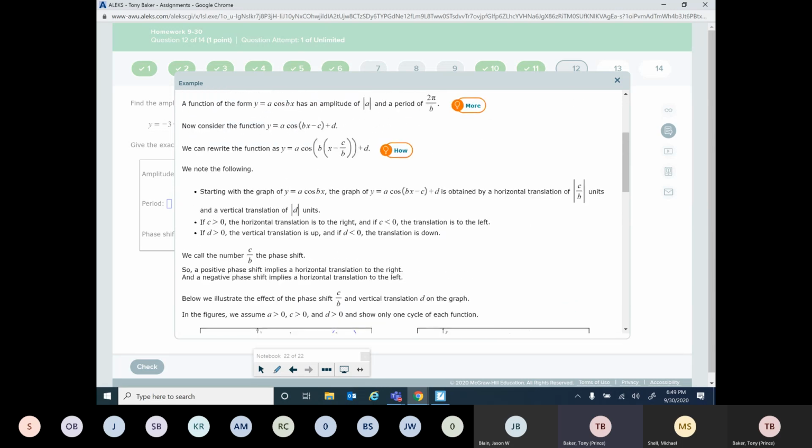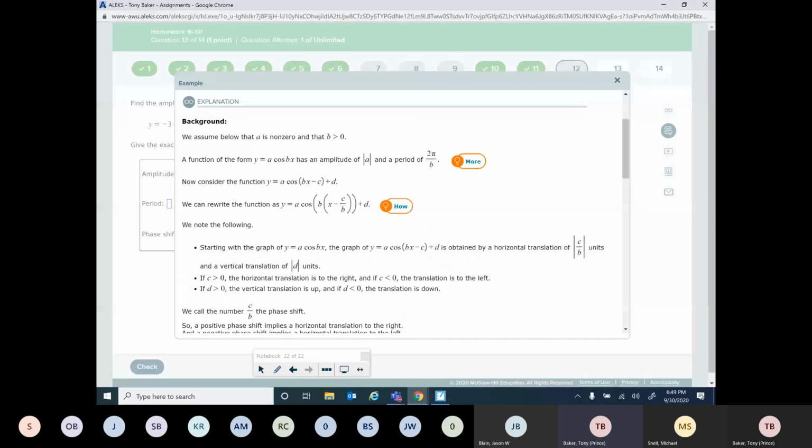Now, your phase shift is going to be C over B. So now we're adding another letter in here. So we have our function.